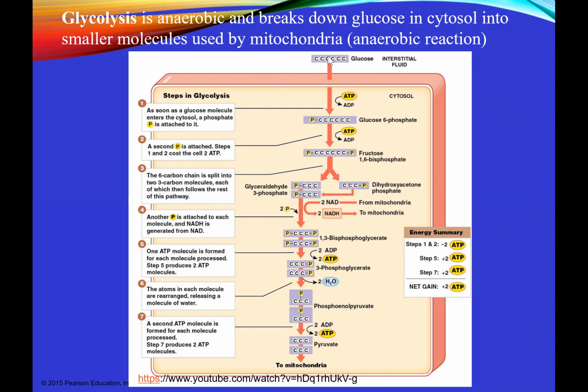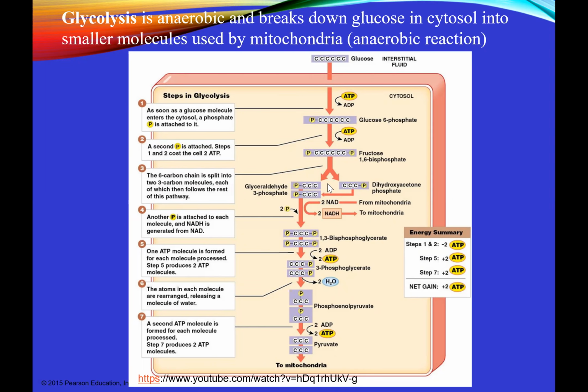So the first thing to do is glucose, which is a 6-carbon sugar, will be broken down into 3-carbon sugars through a series of steps. So in the first 2 steps, you can see ATP has to be invested. Glucose will become glucose 6-phosphate that will be converted to fructose 1,6-bisphosphate, all using ATP. Then it breaks down into 3-carbon sugars.